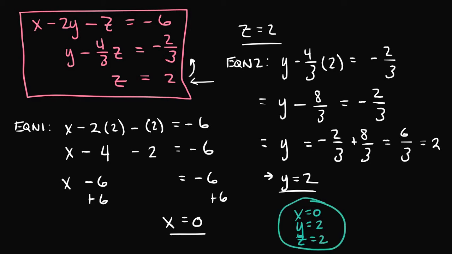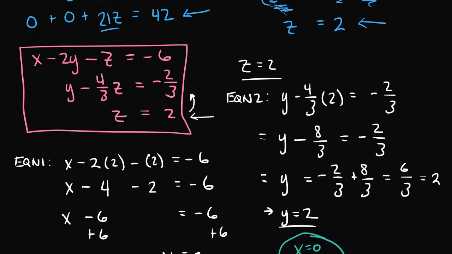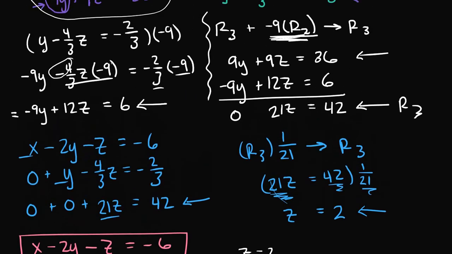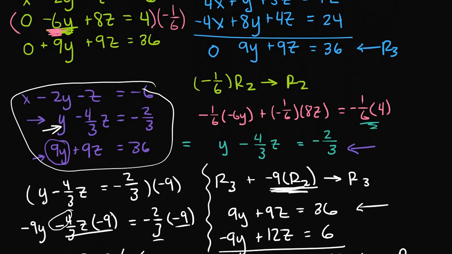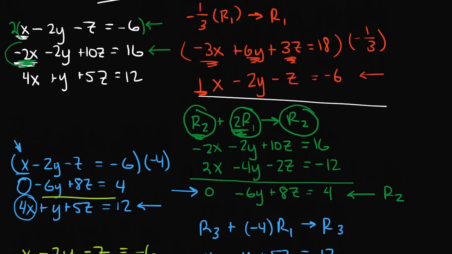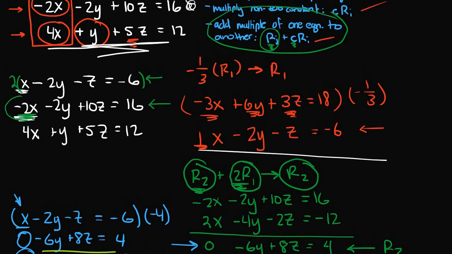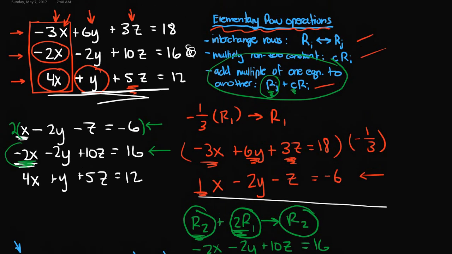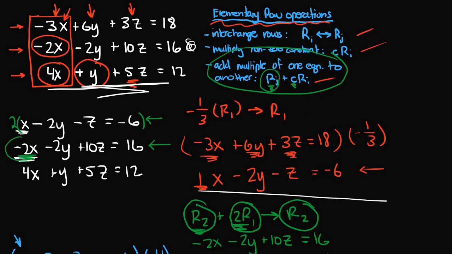So, since we performed elementary row operations on each one of these equivalent systems, this long set of equivalent systems, then that means that solution set that we found, x equals 0, y equals 2, and z equals 2, should satisfy all of these systems. But just to check, we're actually going to plug in that solution set into this original system of linear equations to see if it's satisfied.